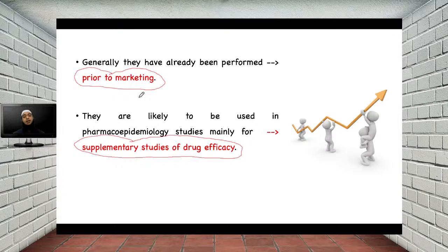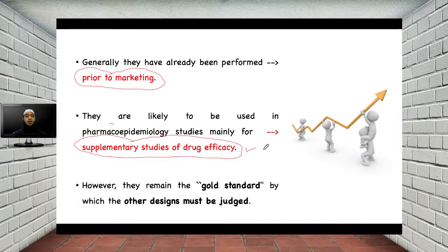Such a study is called a supplementary study to ensure the drug efficacy. Although it is done prior to marketing, in pharmacoepidemiology it can be done as a supplementary study to verify and confirm the drug efficacy.